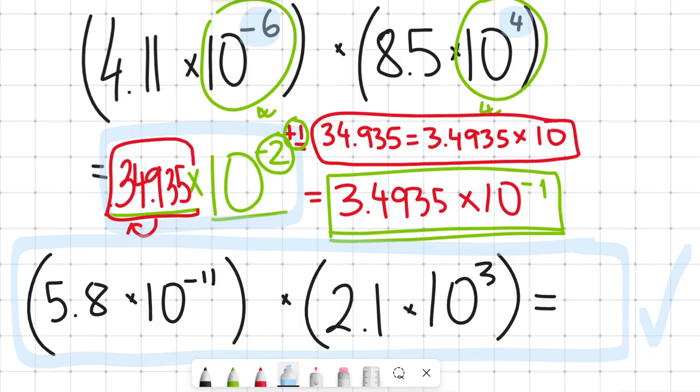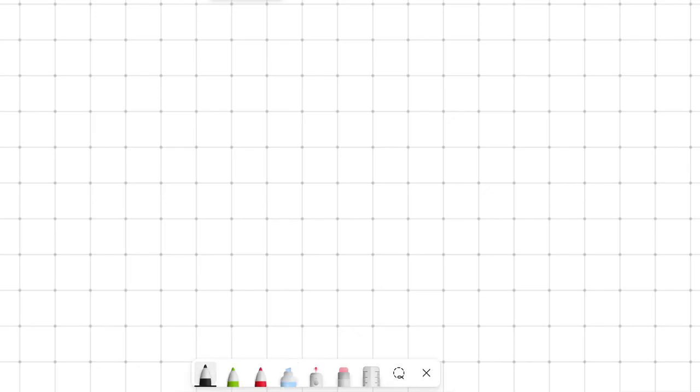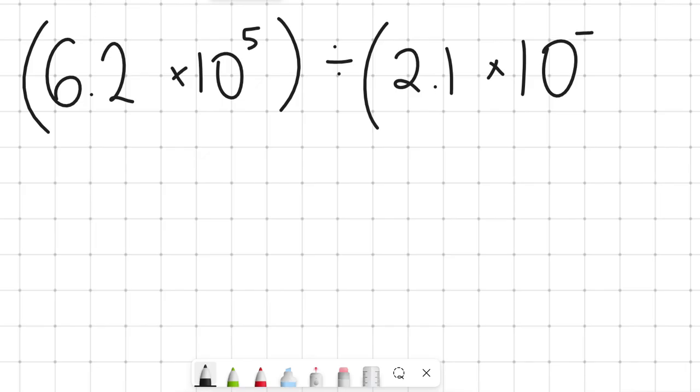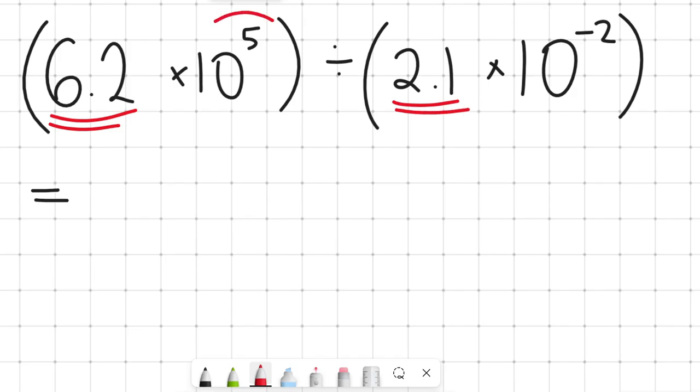One last example for today, division. If we have to divide two numbers in scientific notation, for example, 6.2 multiplied by 10 to the power of 5 divided by, let's say, 2.1 multiplied by 10 to the power of negative 2. Again, what we do is number divided by number, and then 10 to the power of 5 divided by 10 to the power of minus 2.